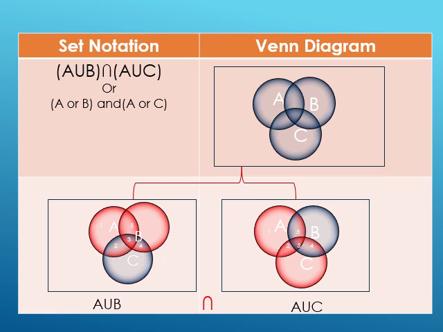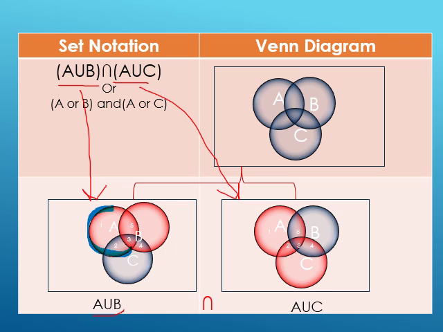set notation is A union B intersection A union C. So we again divide this sketch in two parts so we can understand it very easily. First A union B, the next part for A union C. Okay.